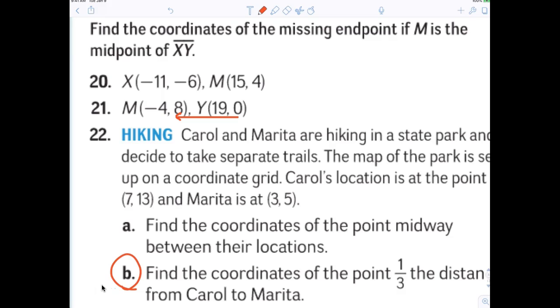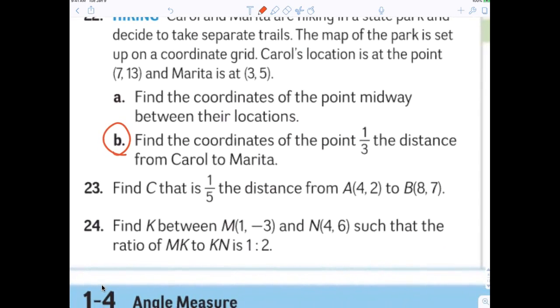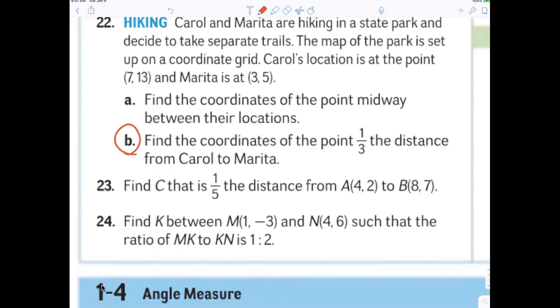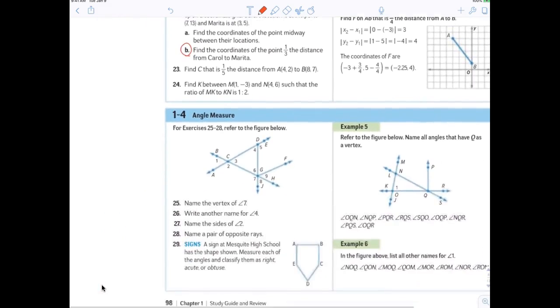All right. So now let's look at these right here. So if Carol is located at 7,13 and M is at 3,5. So I've got a C. All right.